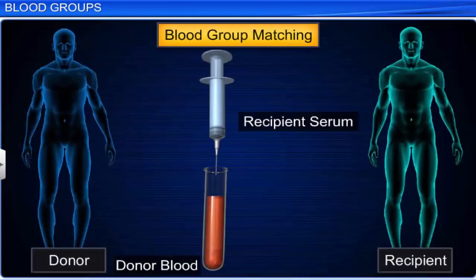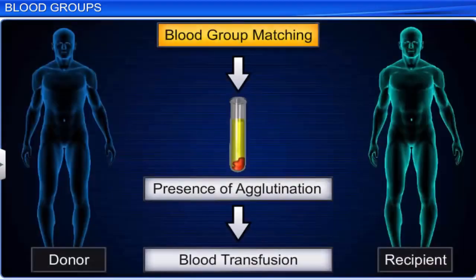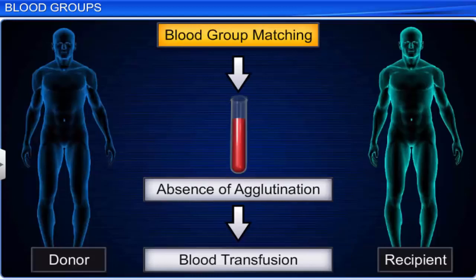Finally, the recipient's serum is added to the donor blood to check for agglutination. If agglutination occurs, both blood groups are said to be incompatible, and so blood cannot be transfused. However, if agglutination does not occur, both blood groups are said to be compatible and transfusion can be carried out.